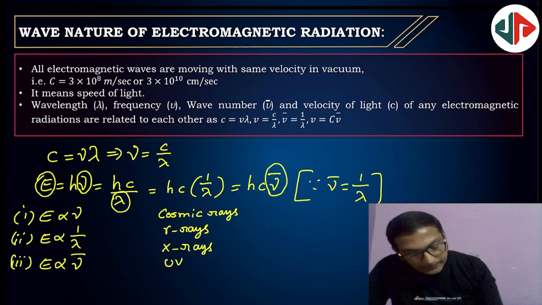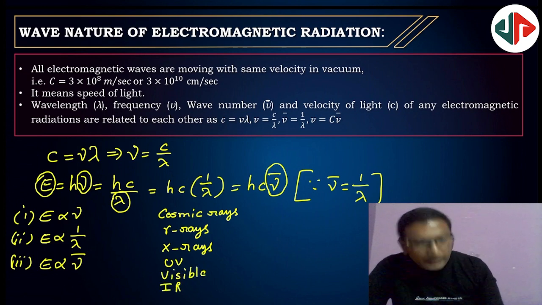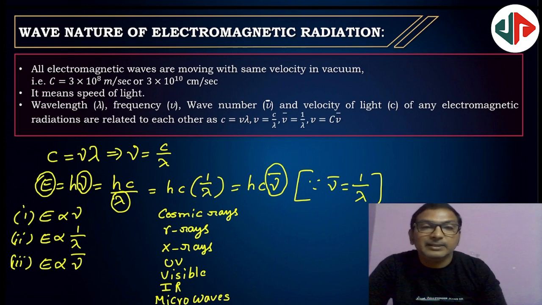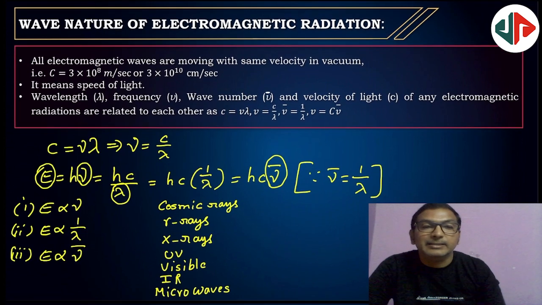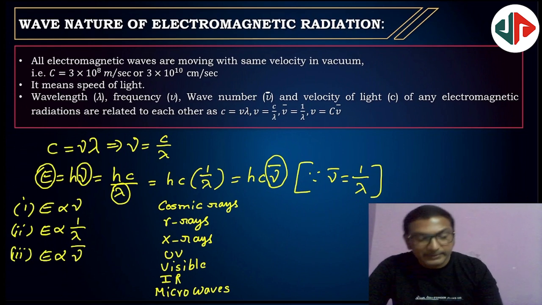Next, UV, visible, IR, microwaves. These are different types of electromagnetic radiations: cosmic rays, gamma rays, X-rays, UV, visible, IR and microwaves.